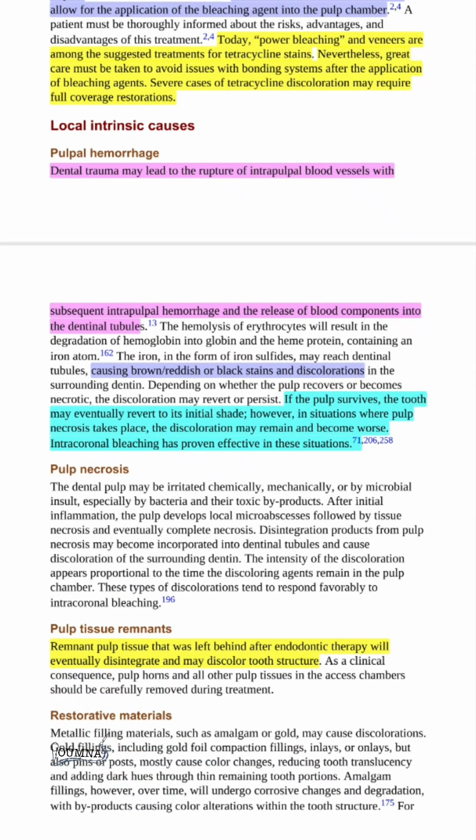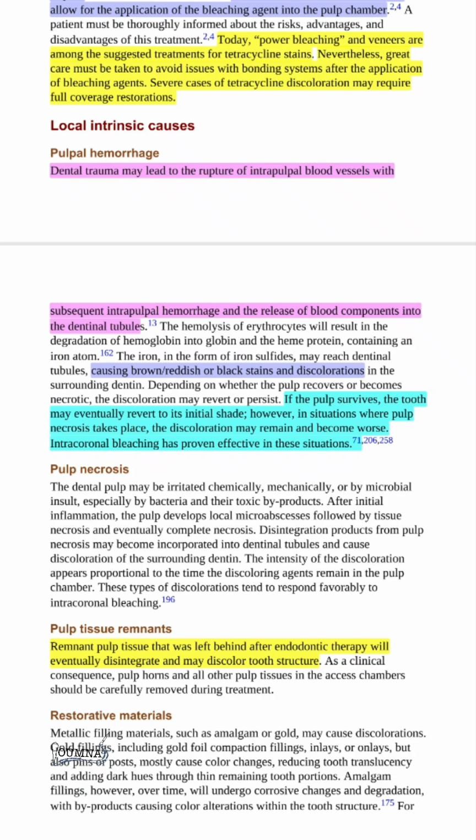One of the other local intrinsic causes is trauma, where an intrapulpal blood vessel becomes hemorrhaged, and it gets inside the dentinal tubules, which will cause a brownish and reddish discoloration.